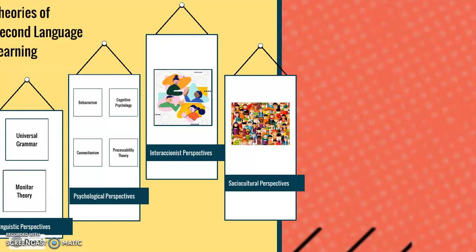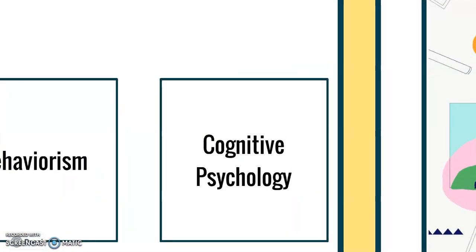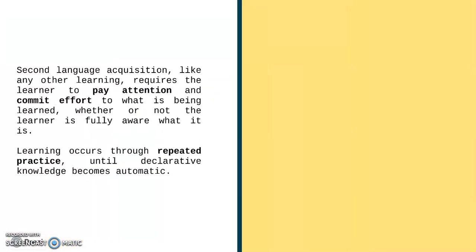Also inside of psychological perspectives, we have cognitive psychology. They believe that second language acquisition, like any other learning, requires the learner to pay attention and commit effort to what is being learned, whether or not the learner is fully aware of what it is.